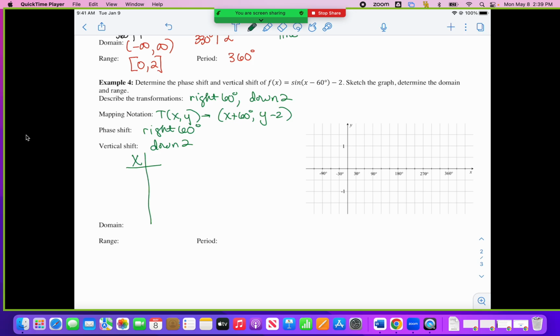So now, here's what you're going to do. You're going to end up making 2 tables. You're going to do y equals sine x. And again, we don't know anything different than that the period length is 360 degrees. There's more to the story, but I'm trying to chunk this and build a decent foundation. So here's what I want you to do. Fill in from the little unit circle.